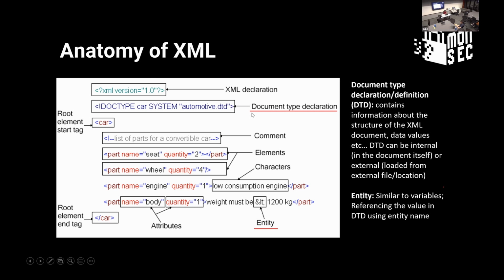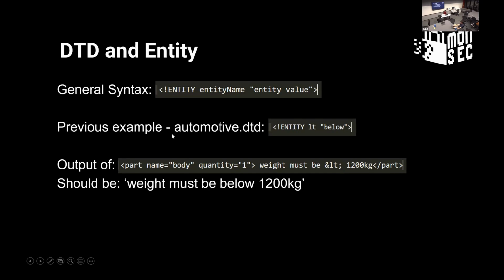An entity is similar to a variable in a typical programming sense, and it references a value in the DTD using the entity name. So what this looks like in practice is you have an entity defined by an entity name and the entity value. From the previous example, automotive.dtd may contain something like exclamation mark ENTITY, lt, and the value being the less-than symbol.